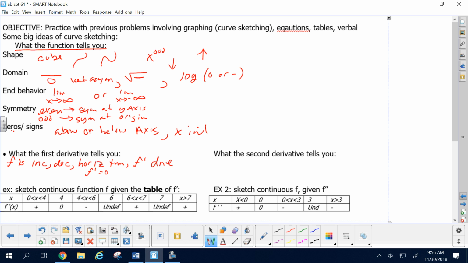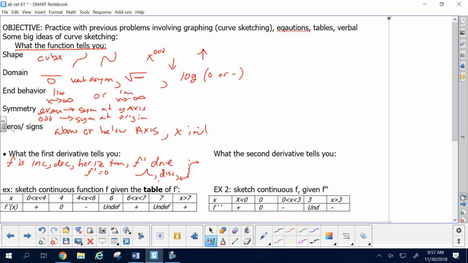A cusp, okay? If there's a sharp turn, that could be a reason why f prime DNE. Why else? Discontinuity, okay? Or vertical tangent. If a graph goes vertical, then the derivative would not exist.